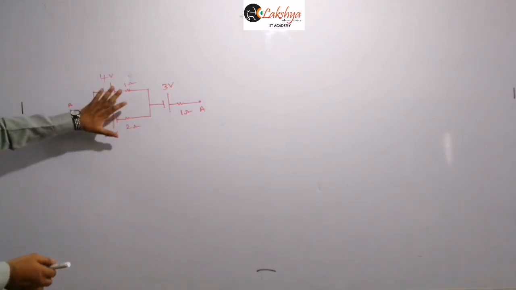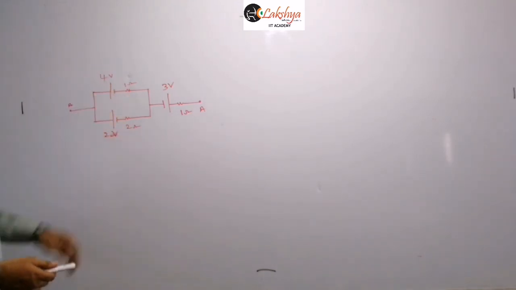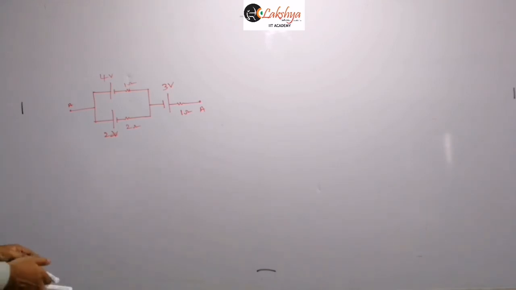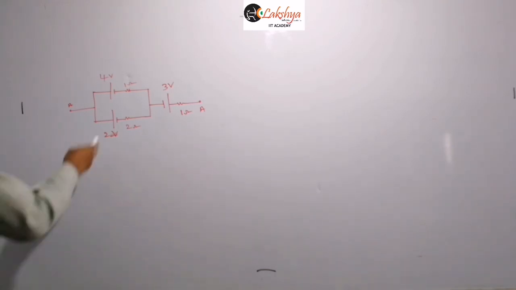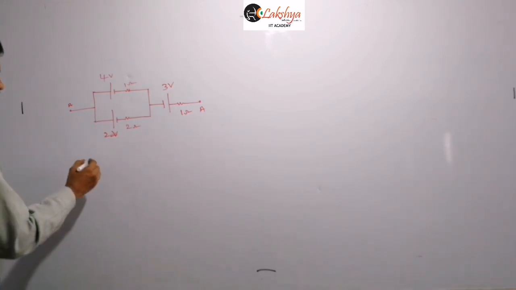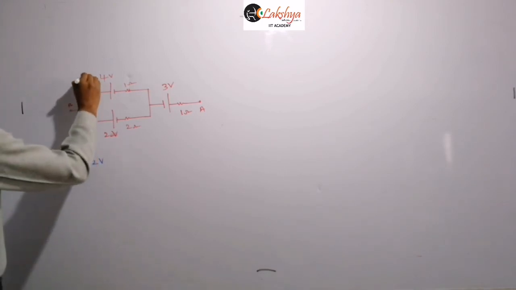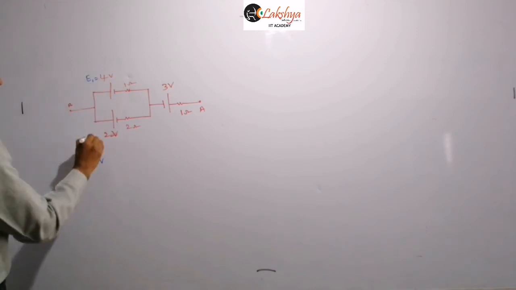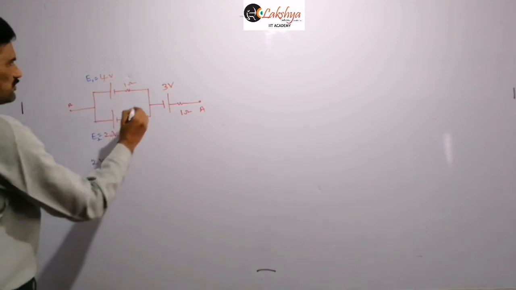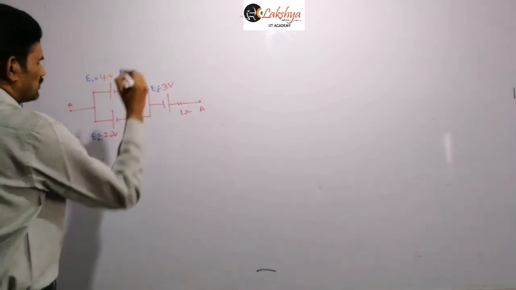First we calculate the effective EMF of the 2 volt and 4 volt cells. These two are in parallel, so I am writing the effective parallel formula. I am giving some names so that you can write this easily: E1, E2, and I am taking this as E3, right?